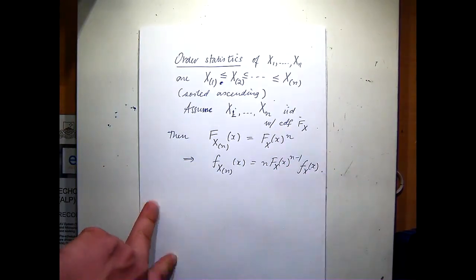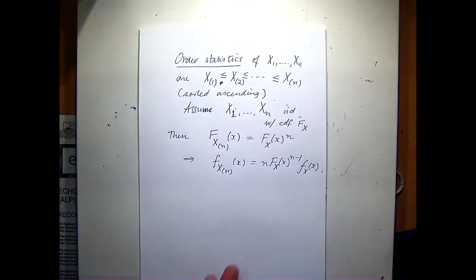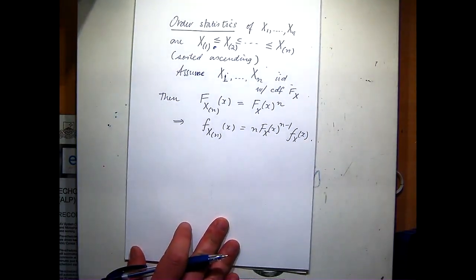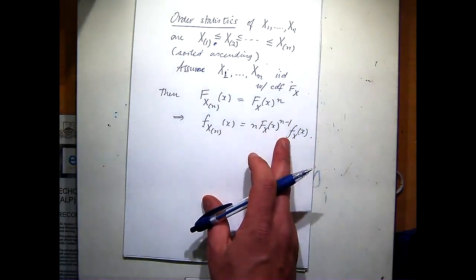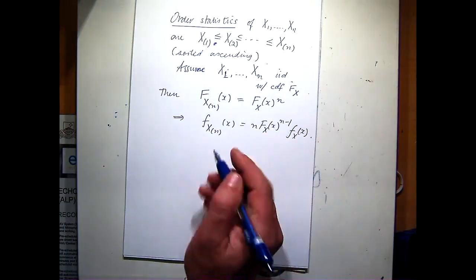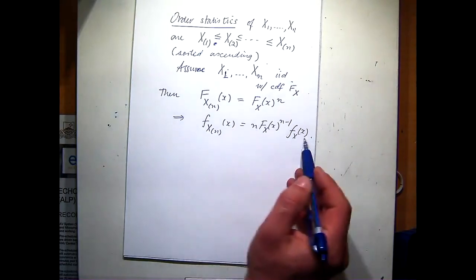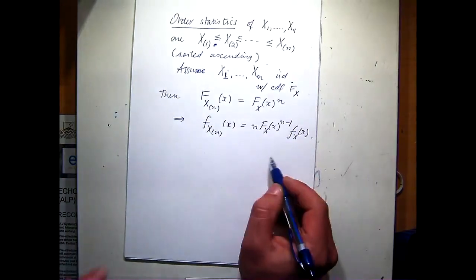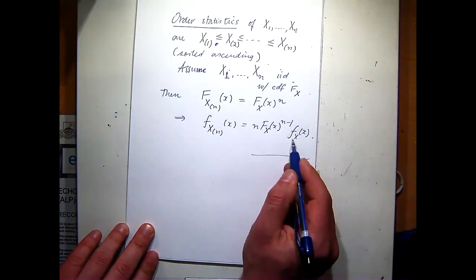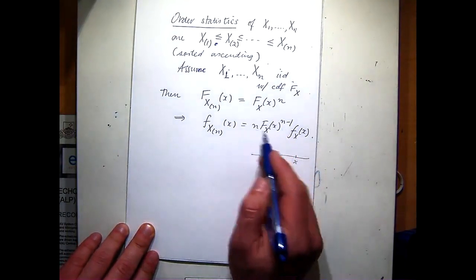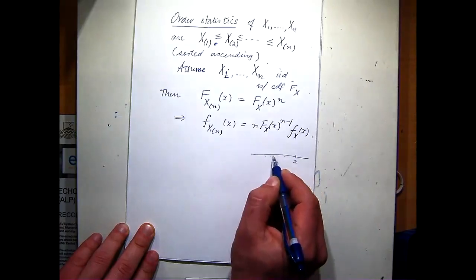And by the way, that will match the definition we got by other means, which was to say, heuristically, we want the maximum of all of them to exist at the point x on the real line. So there should be one that lives pretty much there. That's where the density comes from. And then you should have n minus 1 that are anywhere over here.